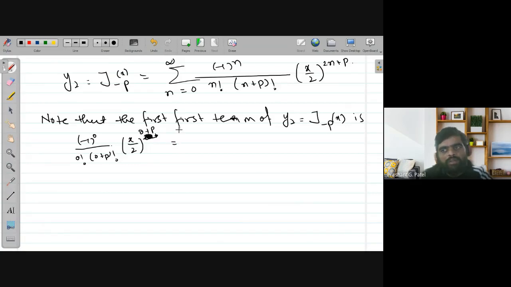So that will give you 1 upon, but the value of p is minus, so this is minus p. Here also it is minus p, so this is minus p factorial.